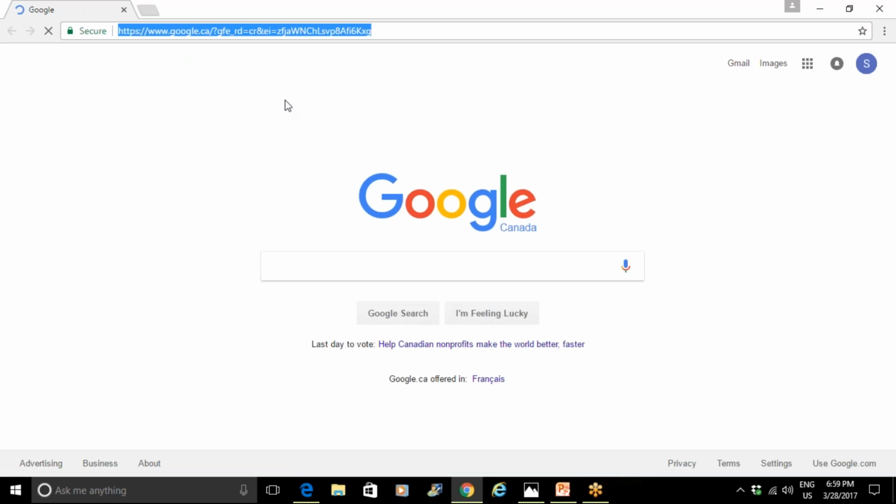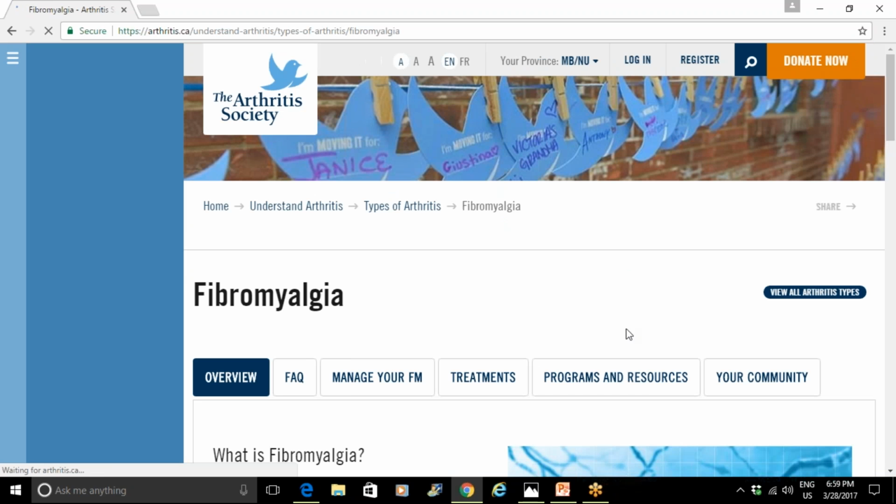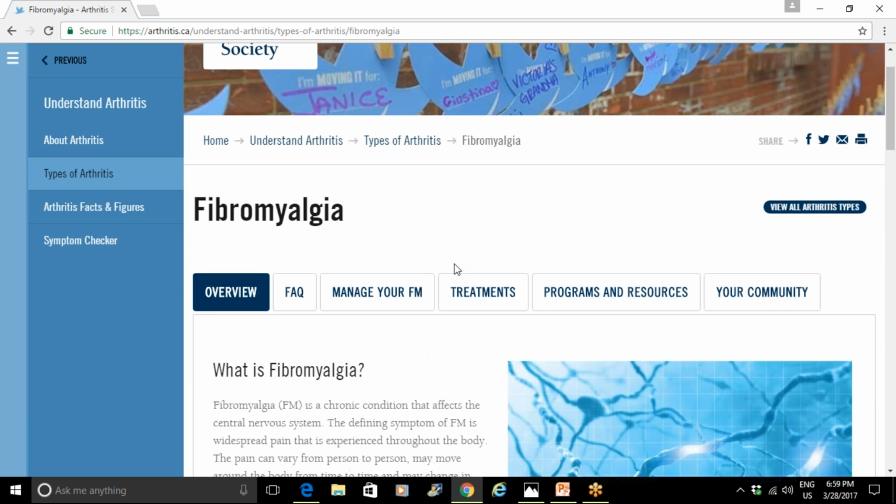Because a lot of people will say, oh, fibromyalgia, it's not a real condition. So what I kind of want to point out is right here. Okay, the Arthritis Society, fibromyalgia. So it starts off with home, understand arthritis, types of arthritis, and they include fibromyalgia under their banner.